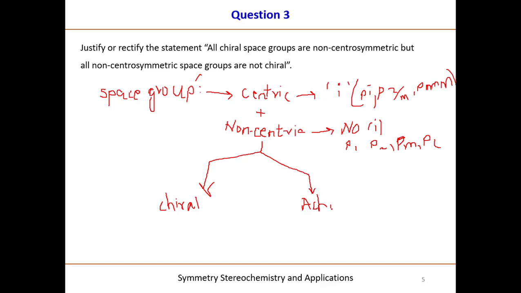As I told you, a chiral molecule does not have a mirror plane.